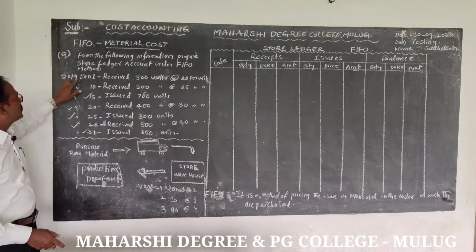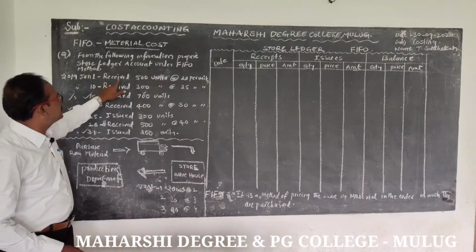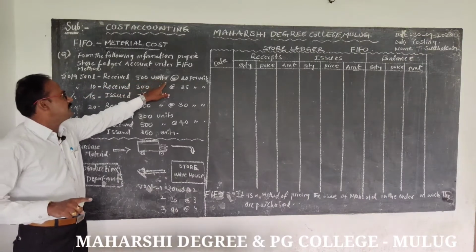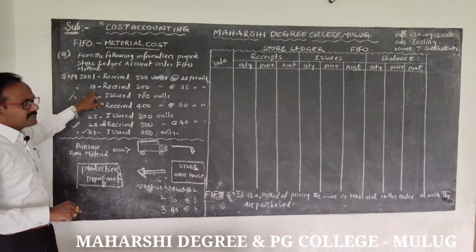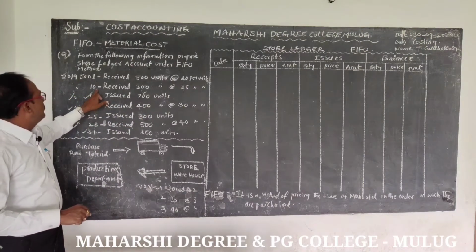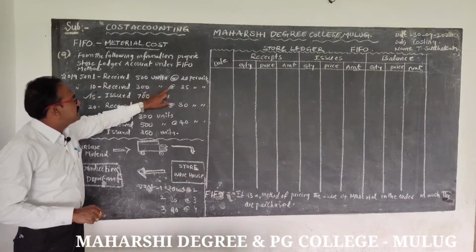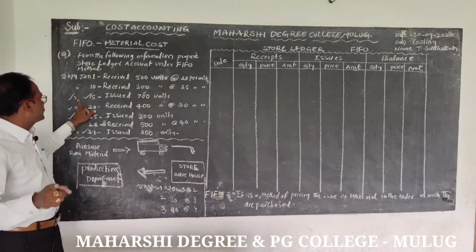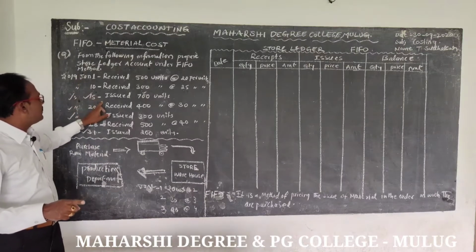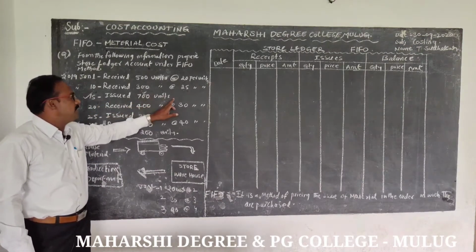For example, 2019 January 1st received 500 units at the rate of 20 per unit. Next, on the 10th, received 300 units at the rate of 25 rupees. The third transaction, 15th January, issued 700 units.